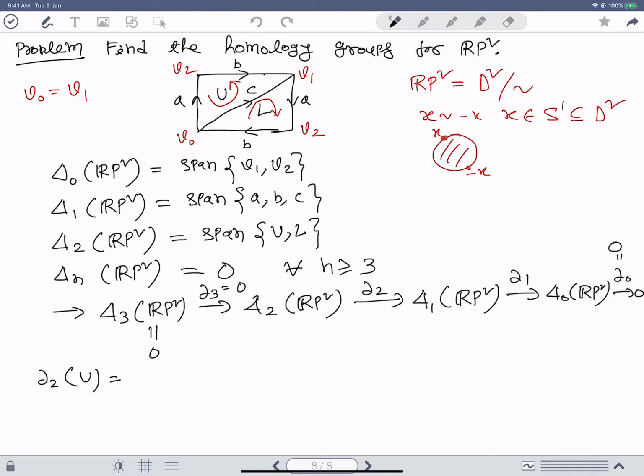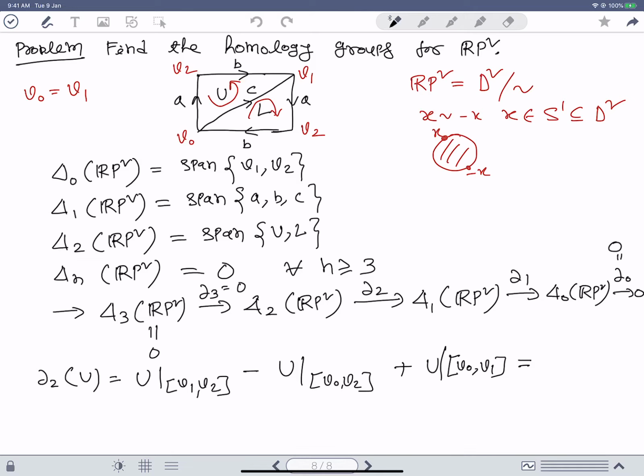So instead of taking the map, I shall write U restricted over V1, V2, then minus U restricted over V0, V2, and then plus U restricted over V0, V1.